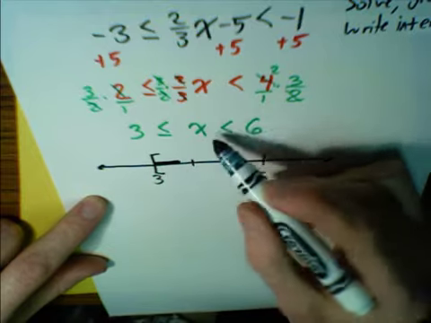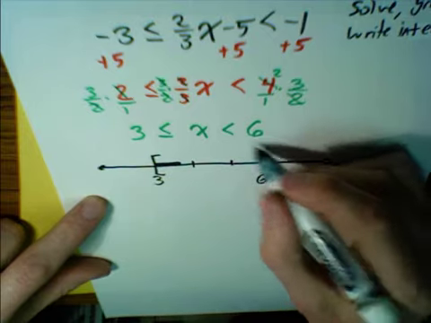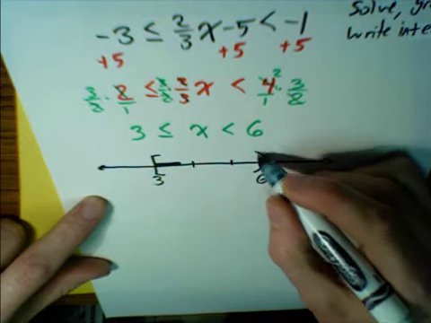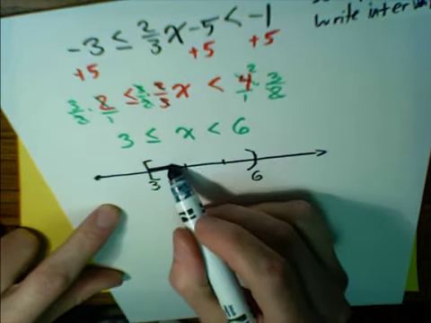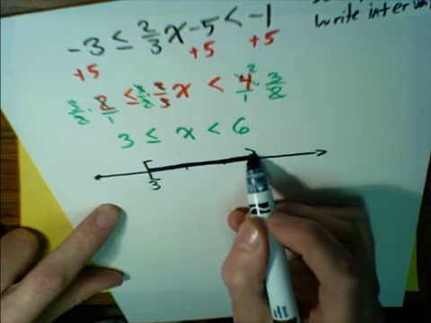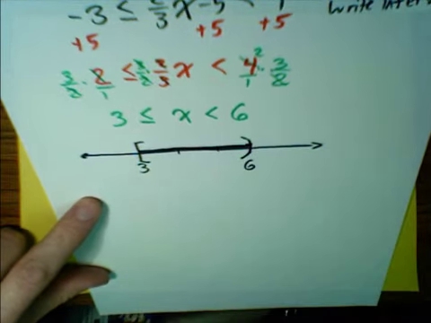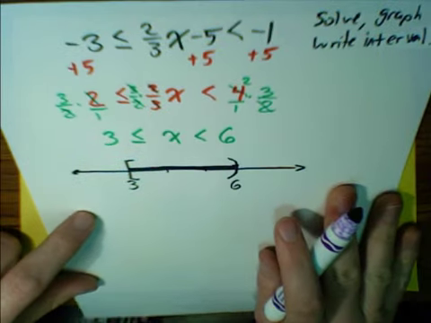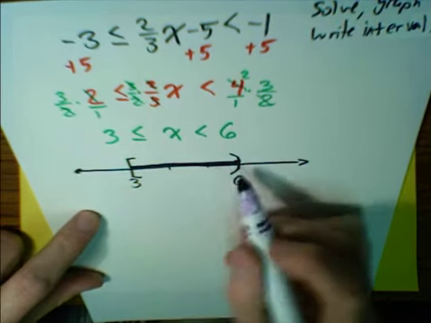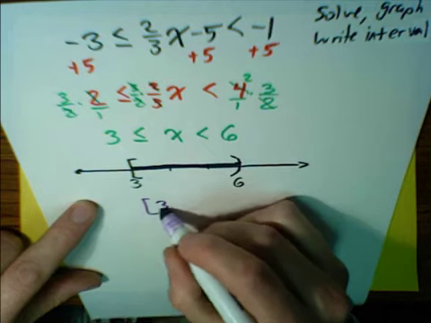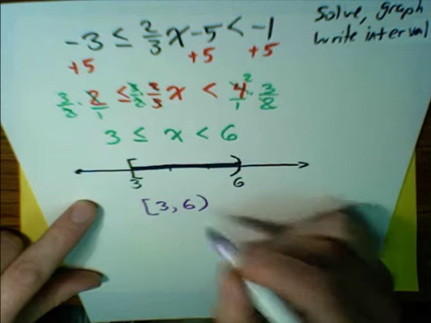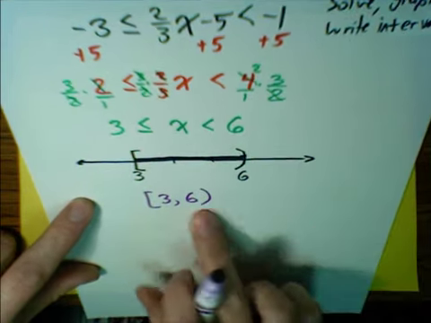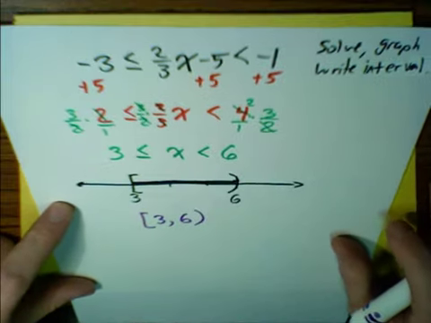X is going to be less than 6, so I'm going to put a parenthesis here, which means I'm not including 6, and I'm shading between them. That's the graphed inequality. And now to write the interval, you just copy the graph. Bracket, 3, 6, parentheses. There's the graph, there's the interval, there's the solution.